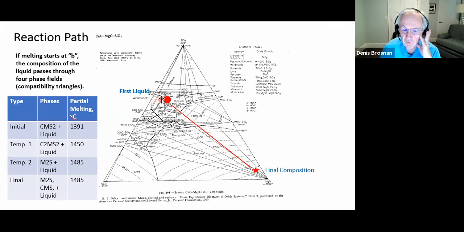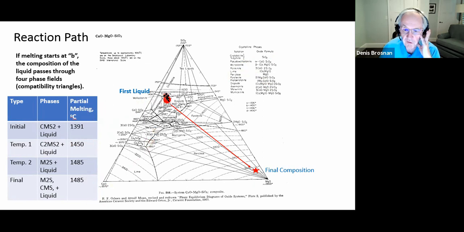And so if that liquid started at point A of the previous slide, then we would have a phase here. These phase names are over here that melts as low as 1391. Up here with forsterite is 1485. So that's close to 100 degrees Celsius different, not quite 100 degrees.